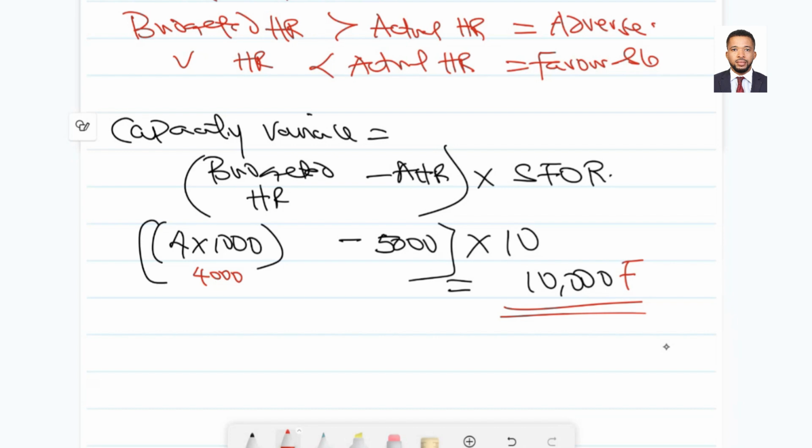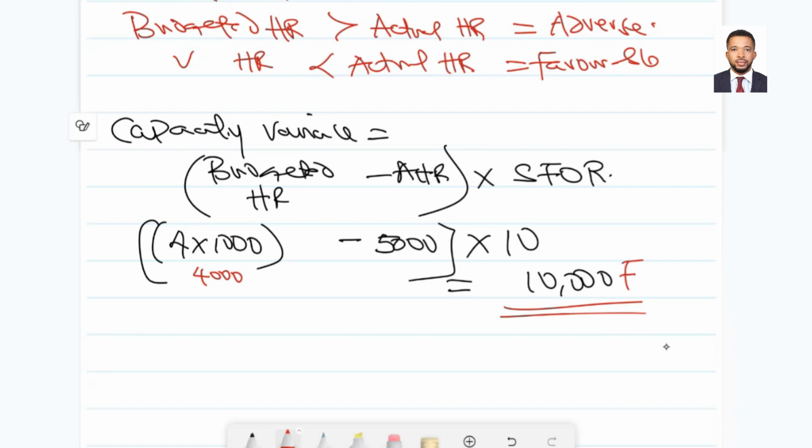You said capacity 5,000, and I'm supposed to have 4,000. The question is asking you for variance. So is it percentage increase you are talking about or decrease? Percentage variance, increase or decrease. Okay.